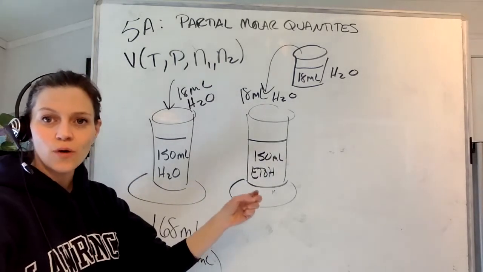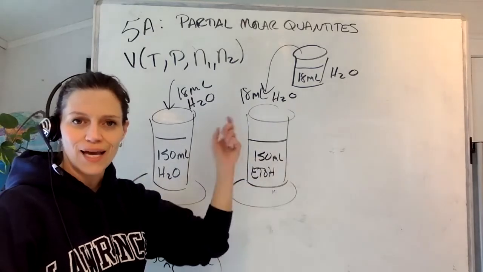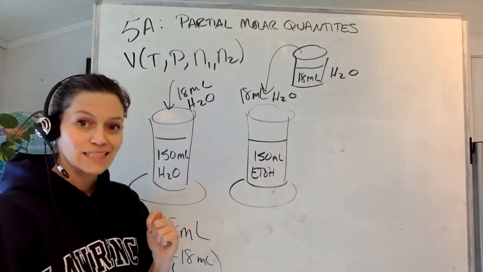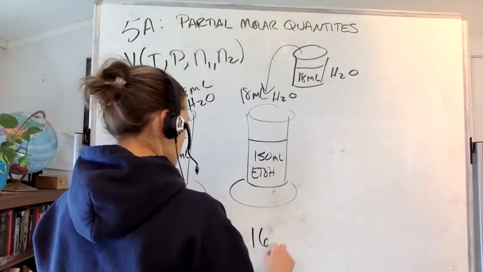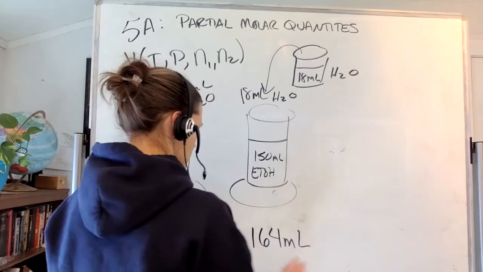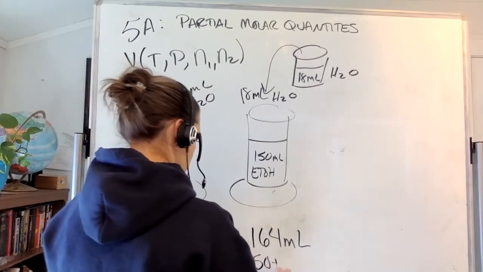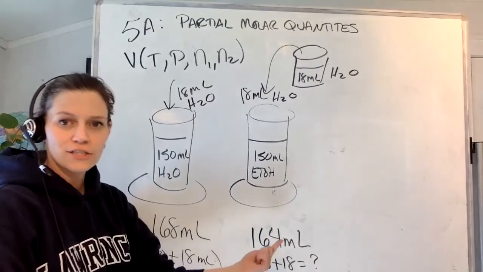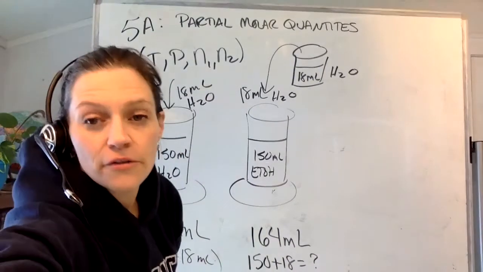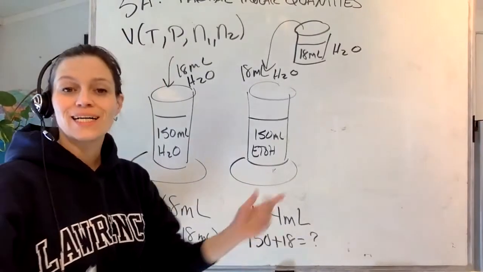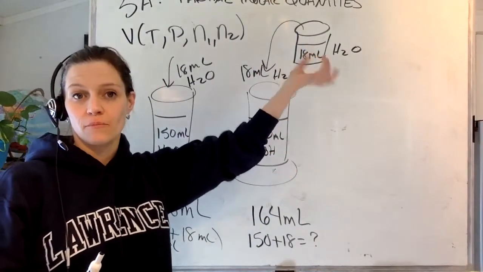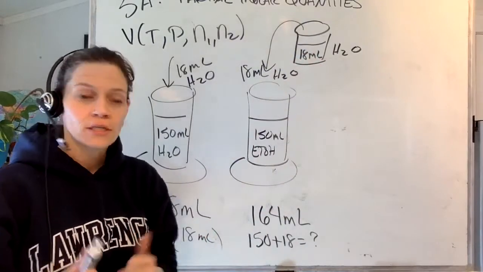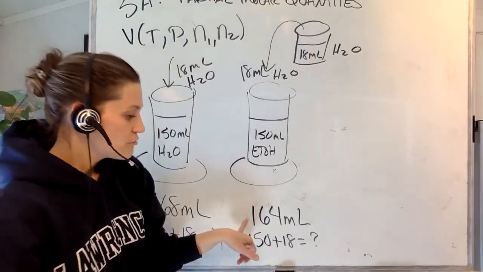Any guesses what the volume would be if I add 18 milliliters of water to 150 milliliters of ethanol? 164 milliliters. The volume is not additive because the identities of the solute and solvent are different. So you actually get 164 milliliters.